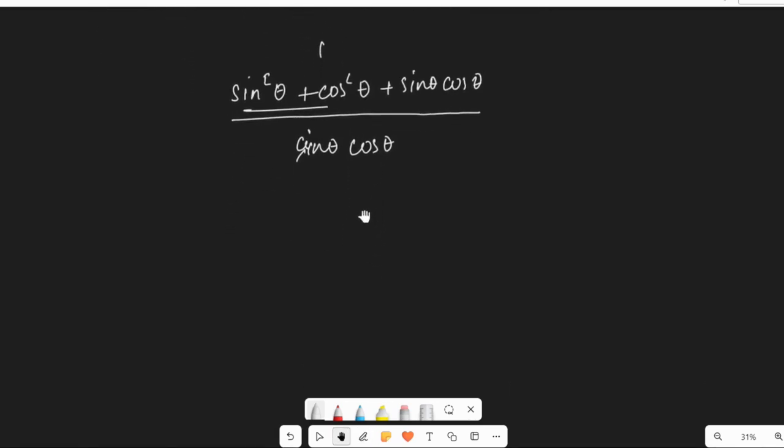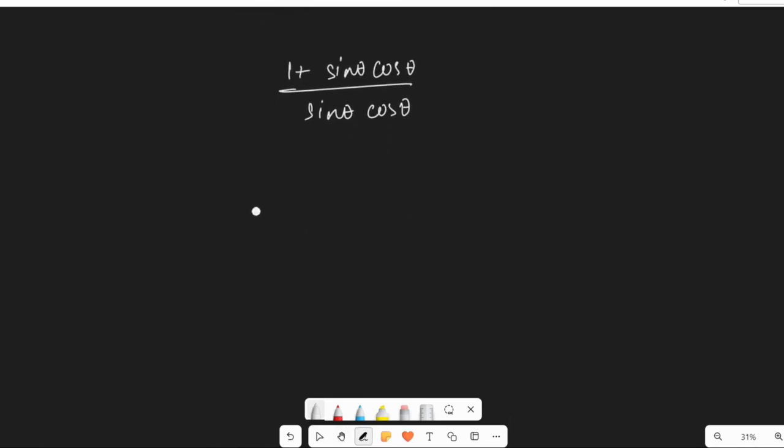So this expression becomes (1 plus sine theta cos theta) by sine theta cos theta, which can be divided into two terms, that is 1 by sine theta cos theta plus sine theta cos theta by sine theta cos theta.